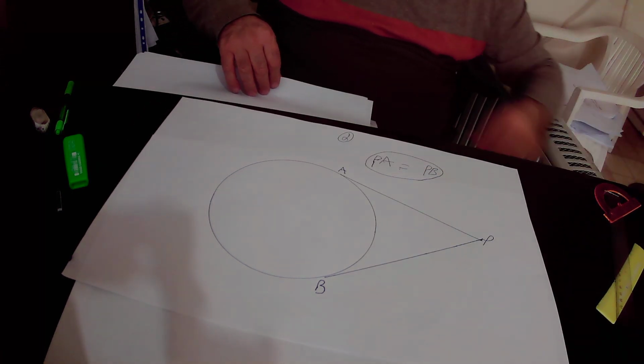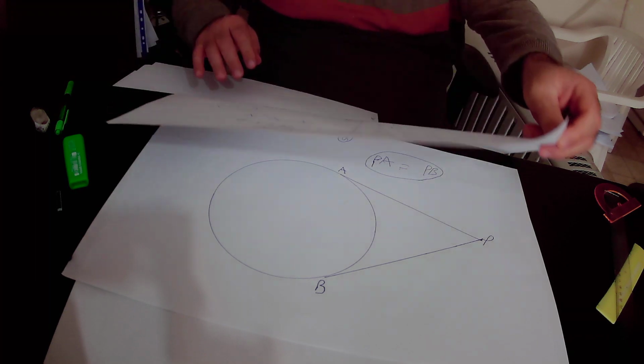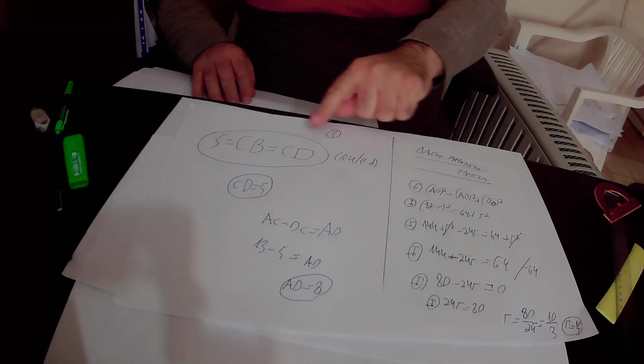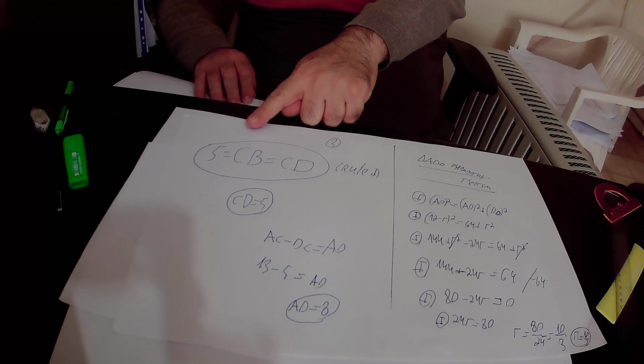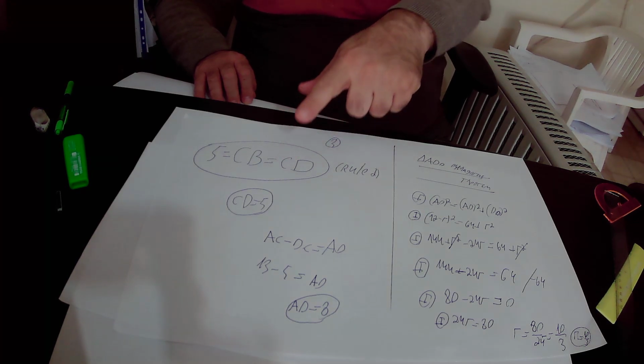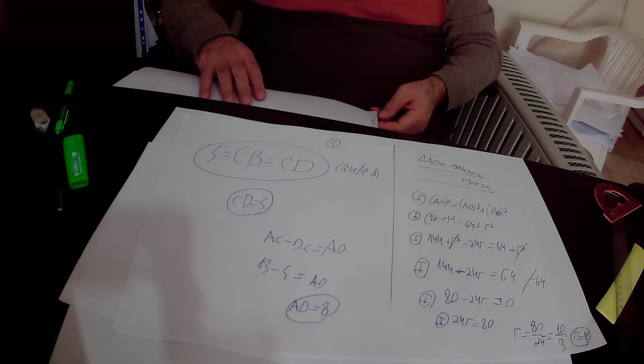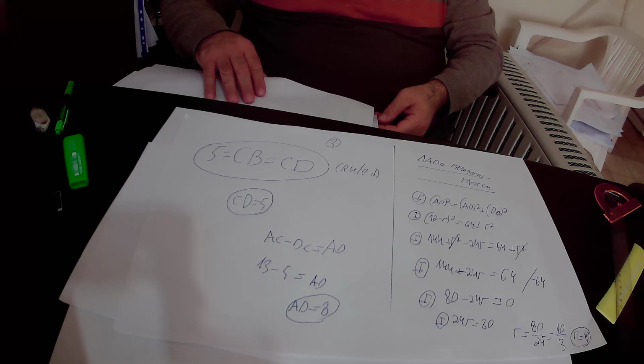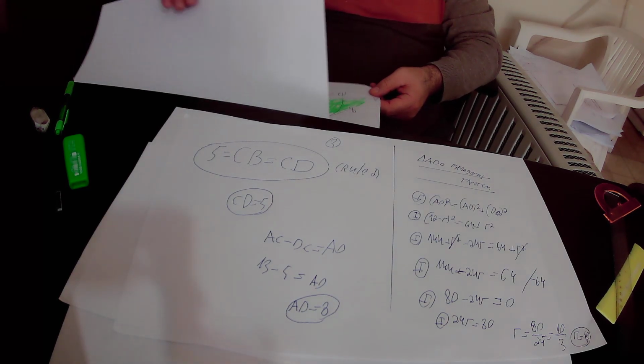That is to say, CB equals CD, but we know that CB equals 5 units. It is given in the problem. So from this equation, we get that CD also equals 5 units.